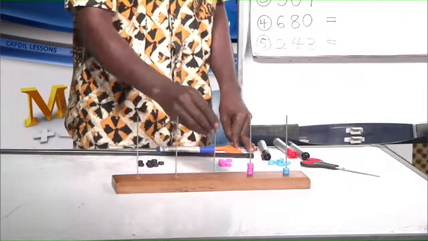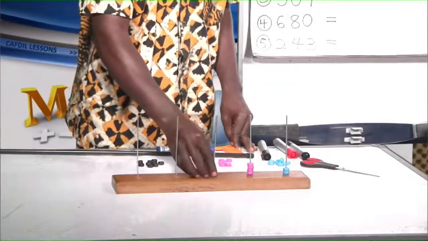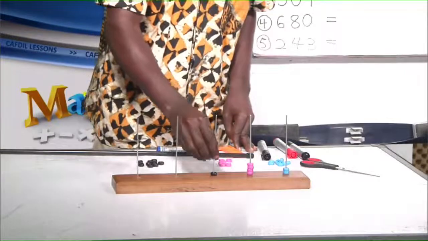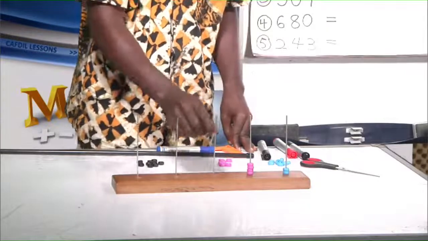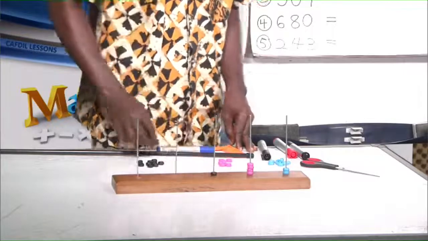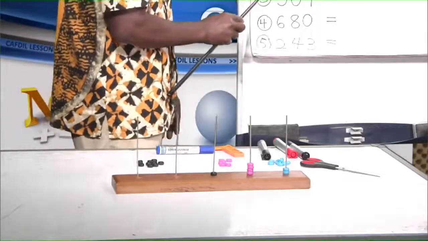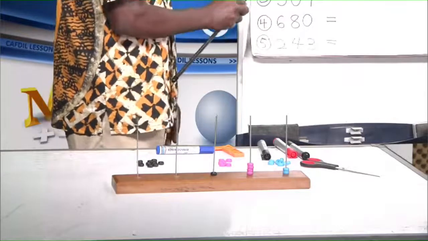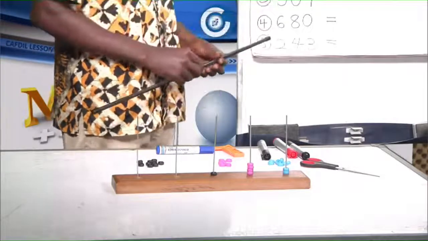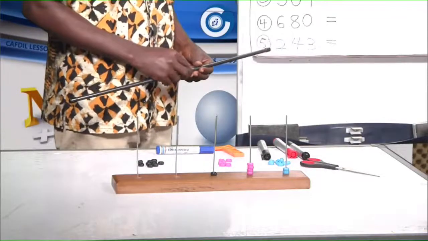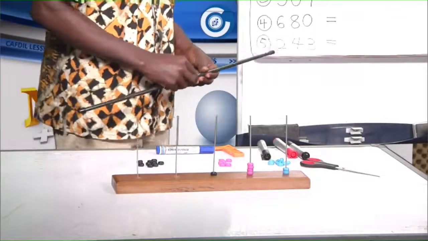And under the hundreds column we have only 1. Since the hundreds column shows only 1 bead, this becomes 100. So the 1 actually here is not just 1, but it is what? 100. Repeat after me. 100. Again. 100.